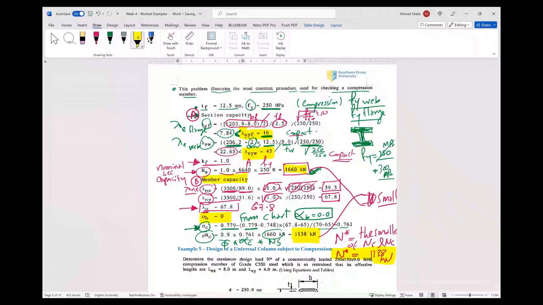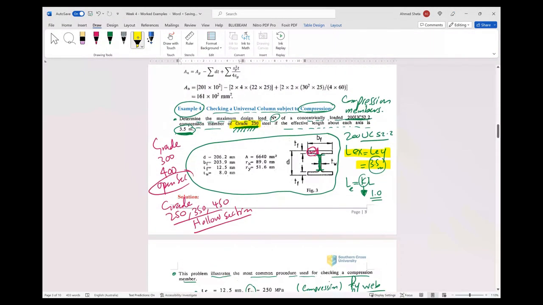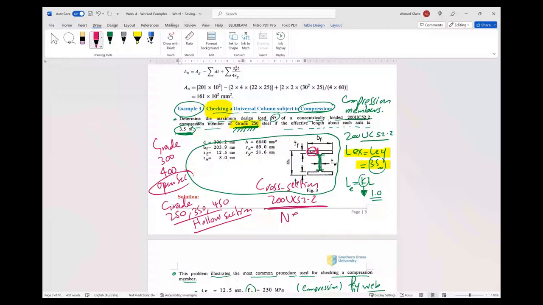Yeah. So if we are checking like this one, this example means checking what is the maximum capacity that could be carried by this element. So we have the element or the section or cross section ready for us. It is given for us that the cross section is 200 UC 52.2. So we need to find the maximum capacity of this section.